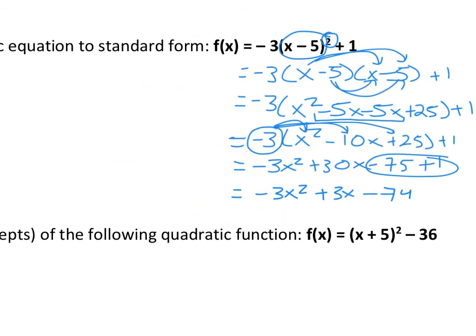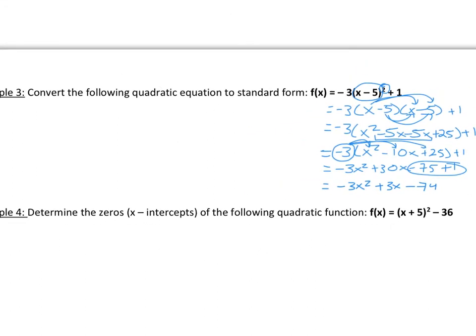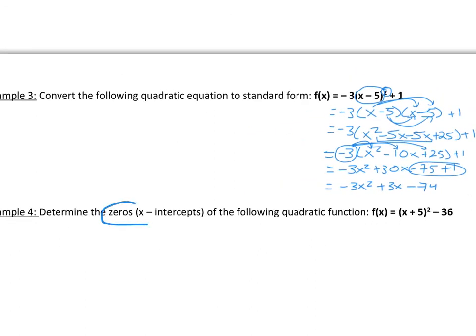Now for this next example, it's going to tell me to determine the zeros, or the x-intercepts. So that was the unit that we just did. But if I look at the format that it's in right now, it's in vertex form. That's no good to me, because the only way that I can find the x-intercepts right now is by factoring. And in order to factor something, it needs to be in standard form.